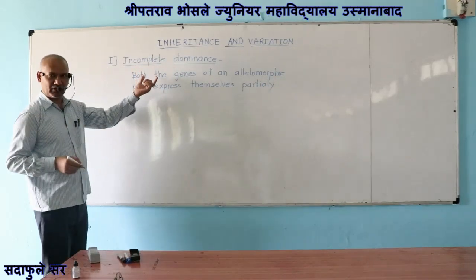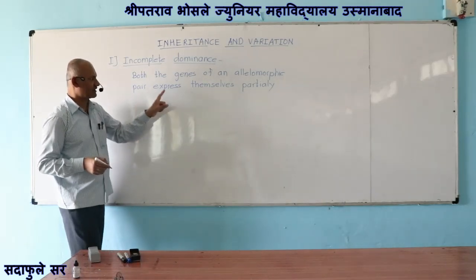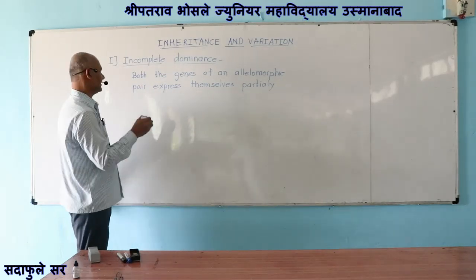In incomplete dominance, both the genes of an allelomorphic pair express themselves partially.